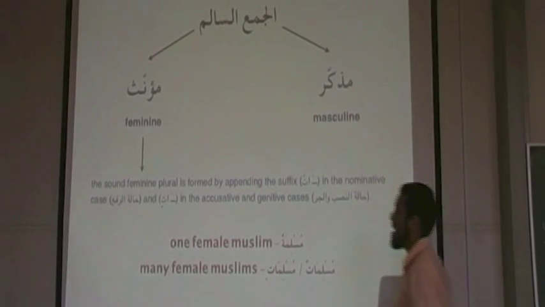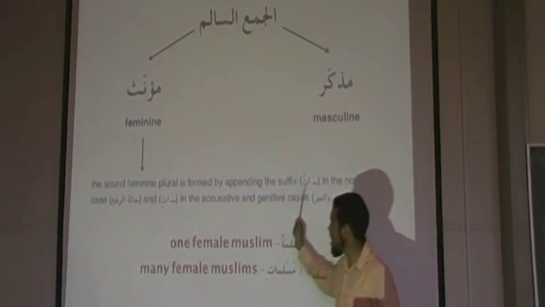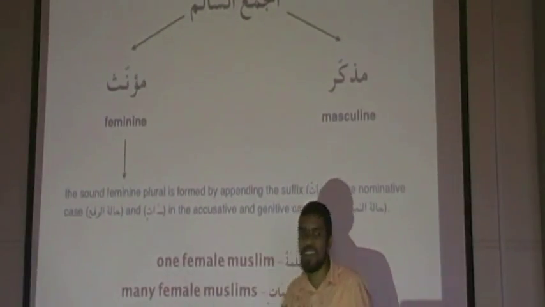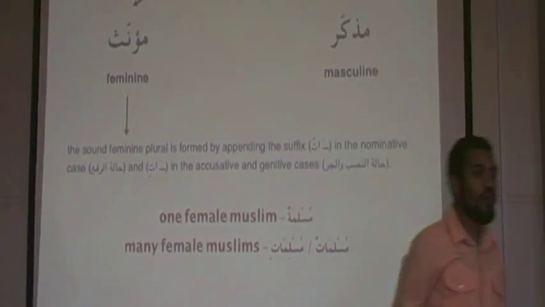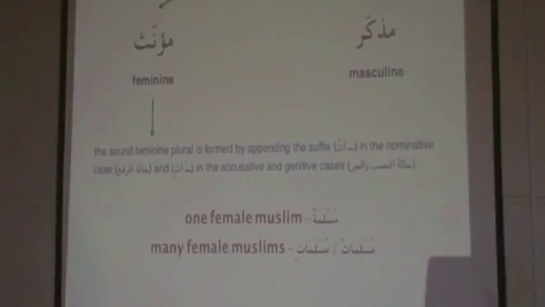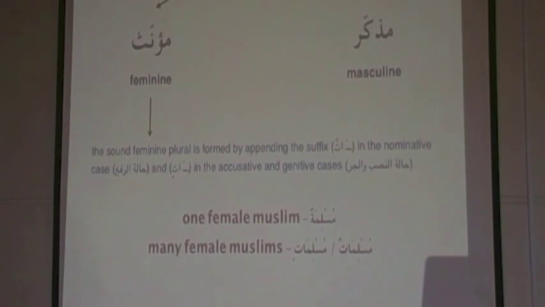Now, let's talk about the feminine plural: atun and atin. So, mu'minun, mu'minat. Let's do it here. Salihun, salihatun. Sorry, it must be female. Then we can do the plural. Salihatun.